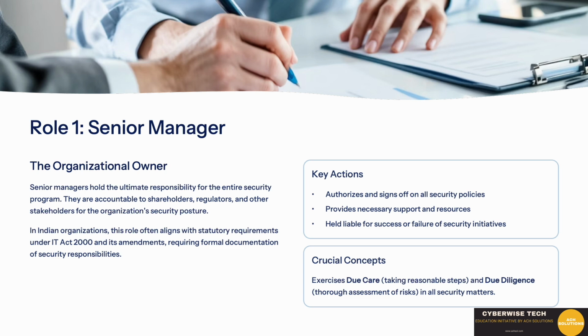They are the ones who are legally and financially liable if a breach occurs because they failed to establish proper security. This is where the concept of due care, doing what a reasonable person would do, and due diligence, actively managing the security process, come into play. While they delegate the hands-on work, the buck stops with them.